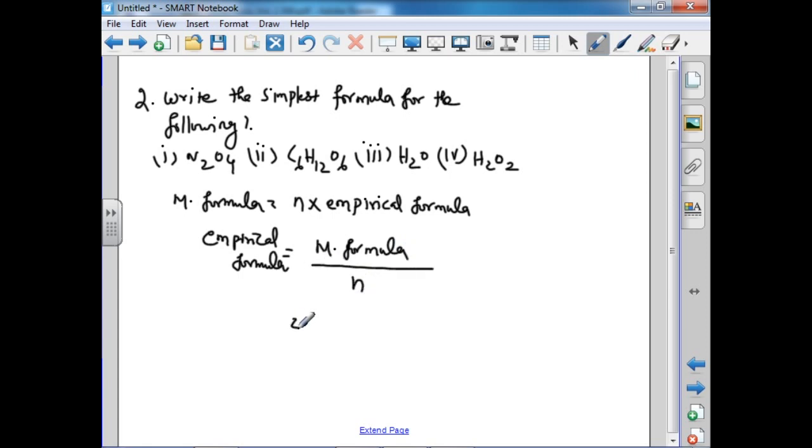Okay. So first one, N2O4. This is the molecular formula. So what is the simplest formula or empirical formula? The molecular formula divided by n. N2O4 divided by 2 equals NO2. This is the simplest formula.